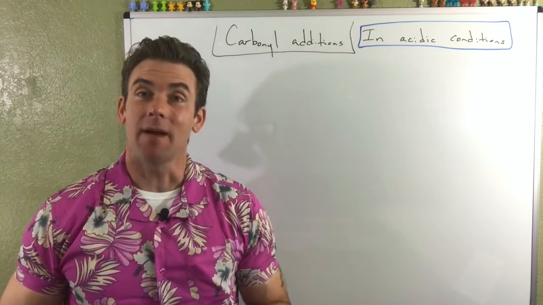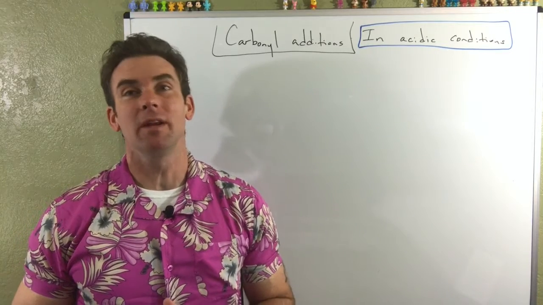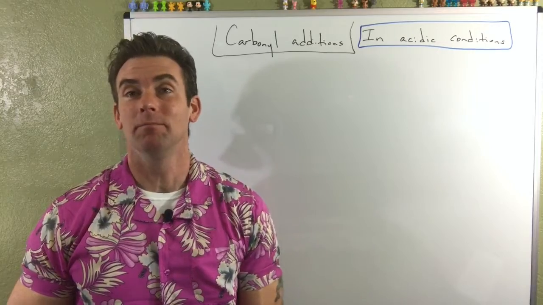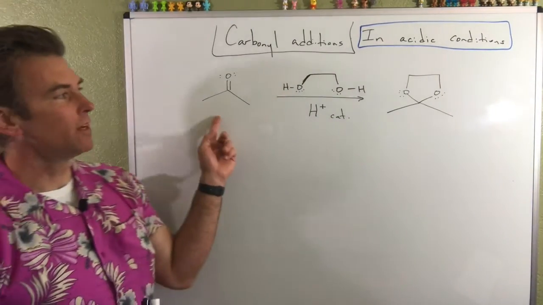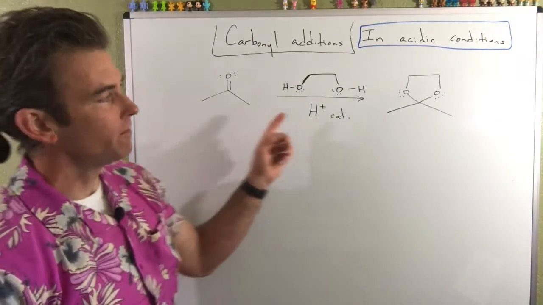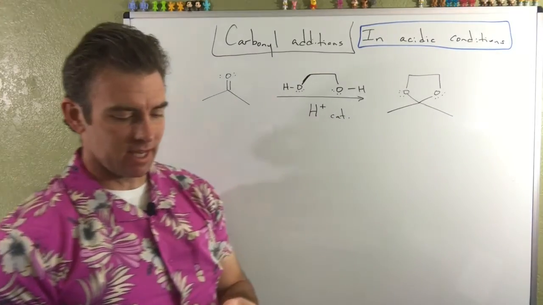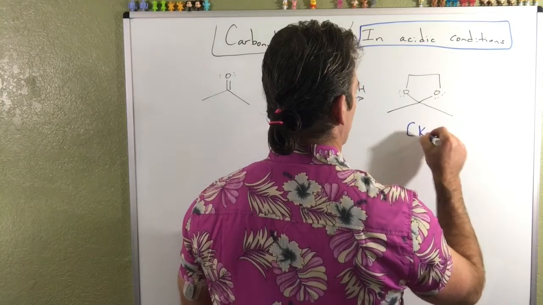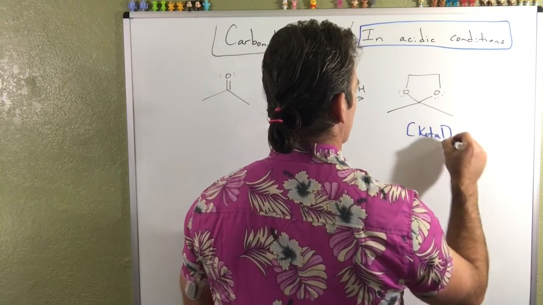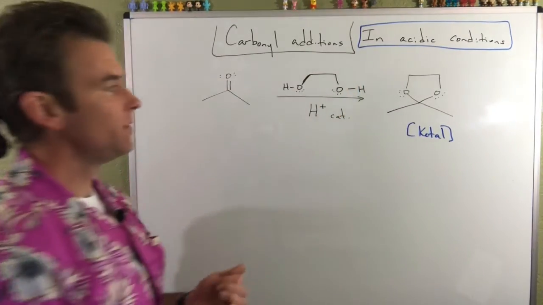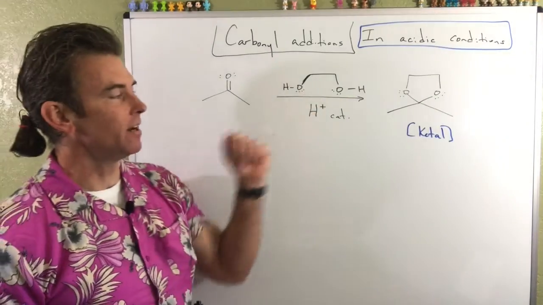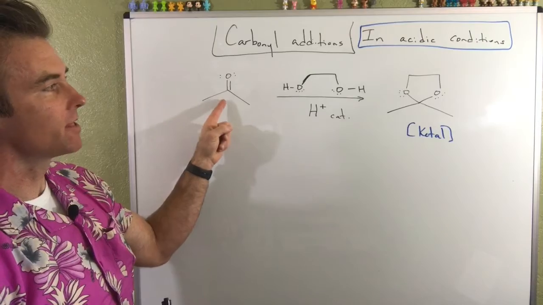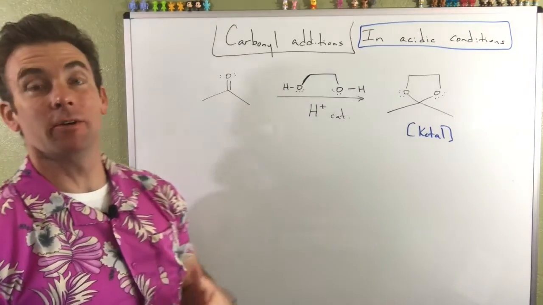In addition to that, we are going to learn a little bit about a new concept in synthesis called a protecting group. Okay, so I just picked out a random ketone here, and what we've done is we've produced what's known as a ketal group. Turns out this ketal group is a pretty important protecting group in synthesis, because if you judiciously use this kind of strategy, you can kind of hide this carbonyl from, let's say, some other Grignard addition, right?